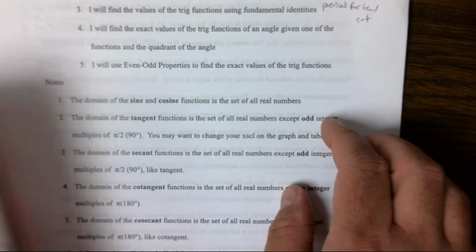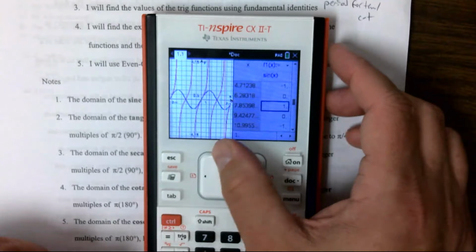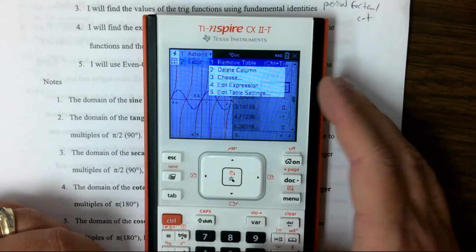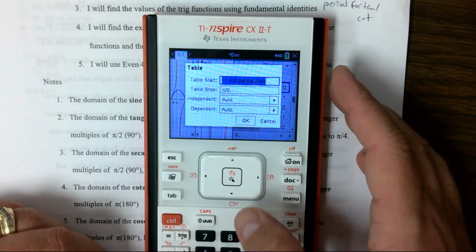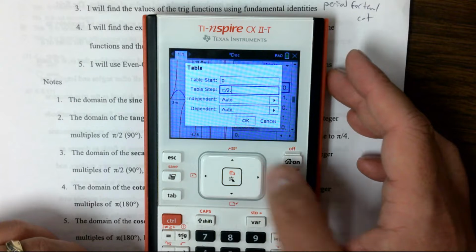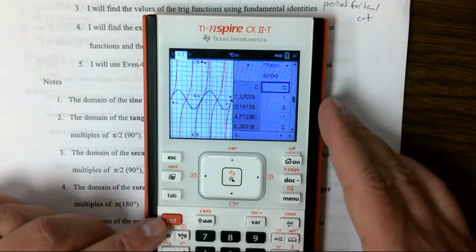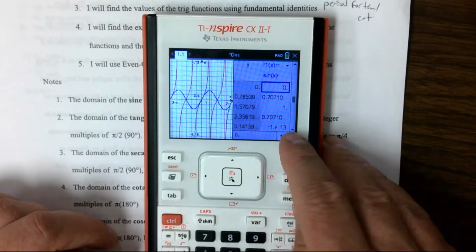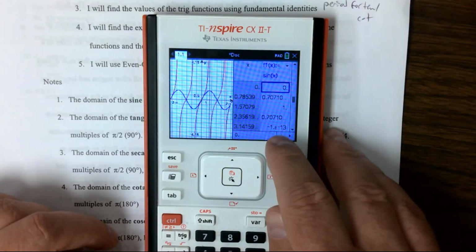I think when you do pi fourths is when it gives you the little error message. Well, it's not really an error message, but it's e to the negative number. If I make this pi fourths, it says -1 e to the -13, which you need to just think of as 0.